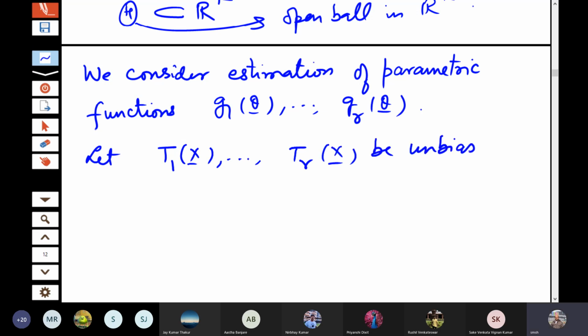So we consider unbiased estimators of g1, g2, ..., gr as T1, T2, ..., Tr.